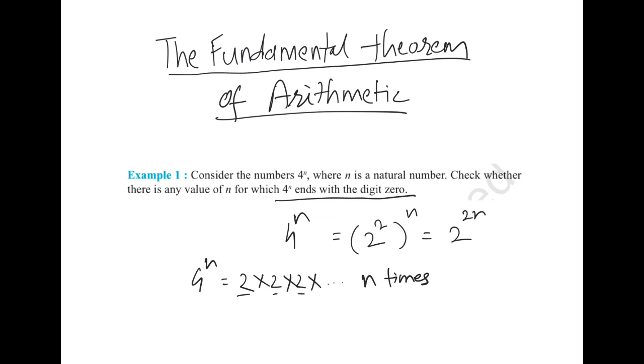But we see that in 4 raised to n, there is no other prime factor other than 2. There is no 5. So we can conclude that it will never end with 0. So without even expanding the numbers, without even seeing what the actual number is, we can conclude from the fundamental theorem of arithmetic that 4 raised to n is never going to end with 0.